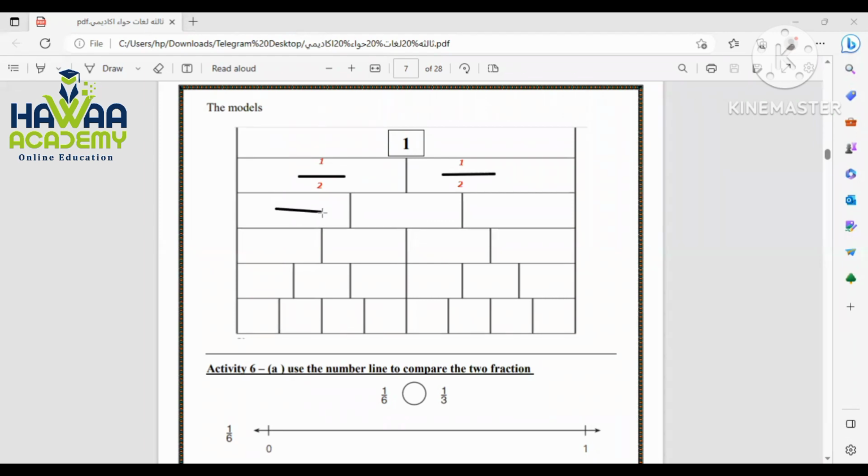Each part is 1/3. So we have 3/3 in one whole. 1 over 3, 1 over 3, 1 over 3. Okay, and here, the whole one is cut into 4 equal parts. Each part is a quarter, or 1/4. So in one whole we have 4 quarters.